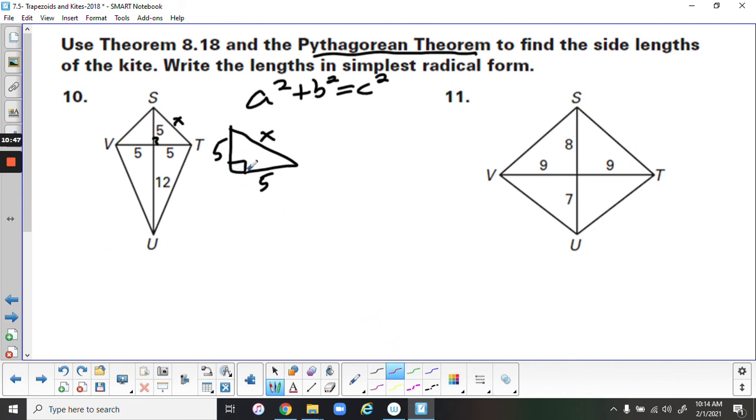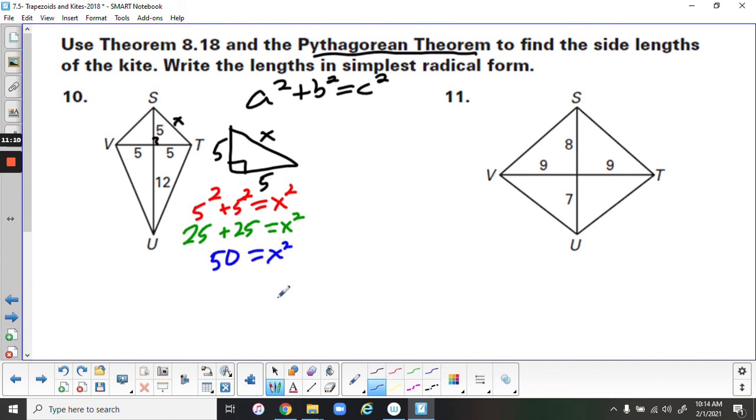Pythagorean theorem, a squared plus b squared equals c squared. So I'd go 5 squared plus 5 squared equals x squared. 5 squared is 25 plus 25 equals x squared. 25 and 25 is 50 equals x squared.